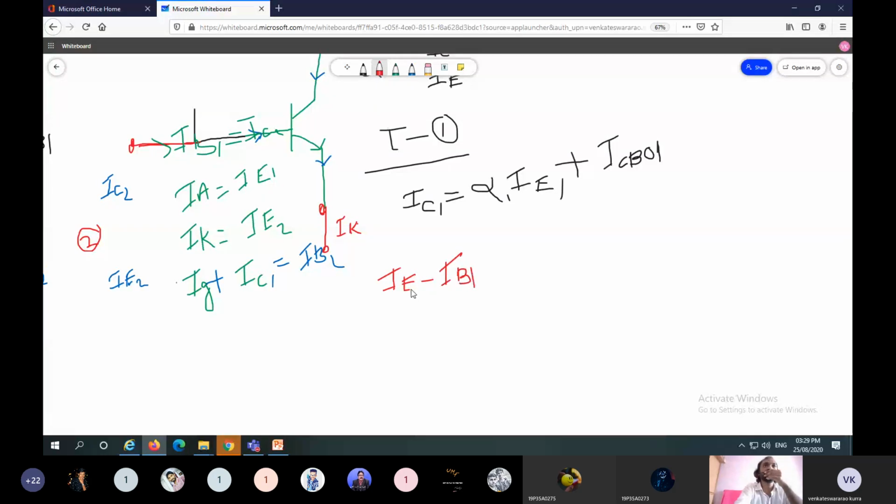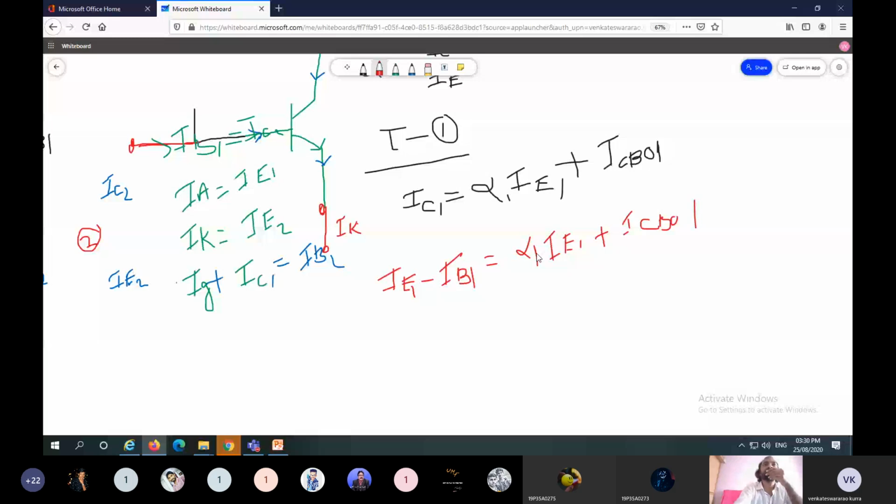Here for first transistor, IC1 equal to alpha 1 IE1 plus ICBO1.